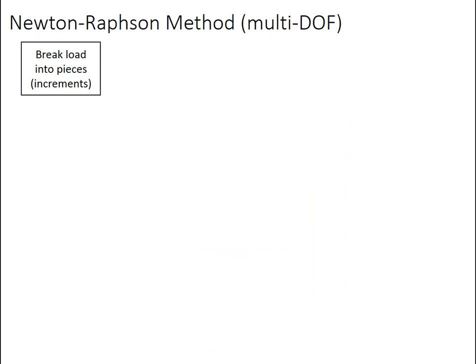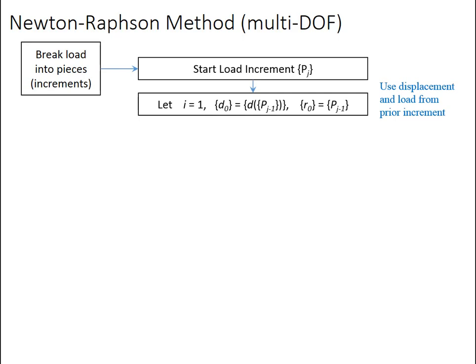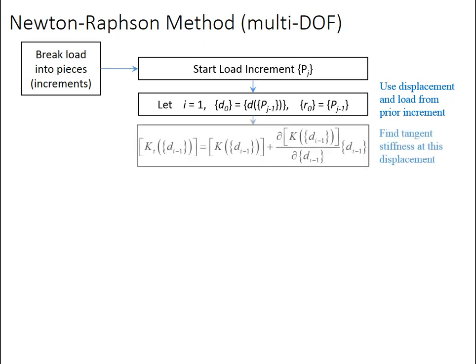Let's pause real quick here and look at how the Newton-Raphson method can be written as a flowchart for multiple degrees of freedom. So again, we break the load into load increments. We start with a load vector corresponding to our current load increment. We then find some initial values, which are the degree of freedom vector at iteration 0 and the reaction force vector at iteration 0.